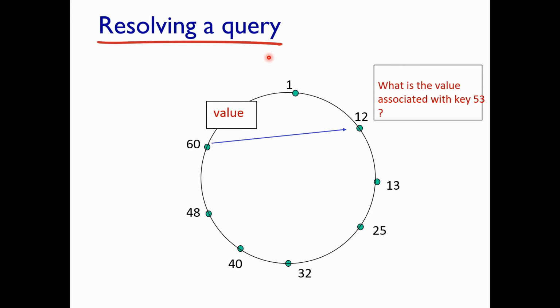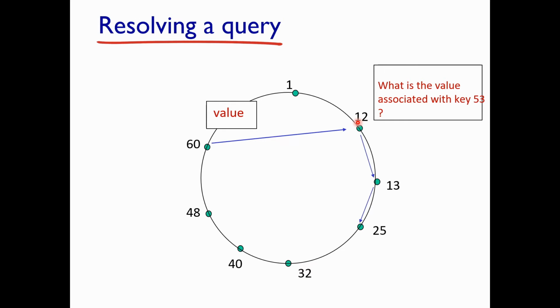Now how will the query be resolved? Suppose the peer 12 receives a request to know what is the value associated with the key 53. As we know, the peer 12 will not be storing the key value pair for the key 53 because it is not equal as well as it is not closest. So it sends a query to its successor, that is 13.